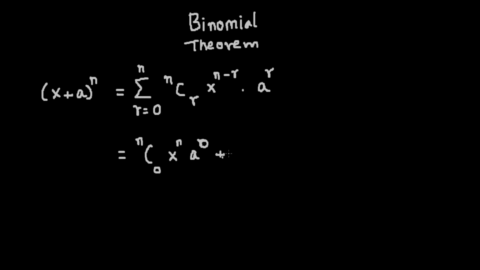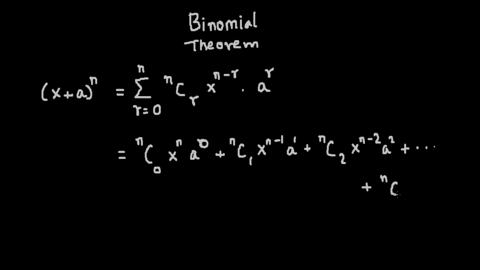0, plus nC1 x raised to the power n minus 1 a raised to the power 1, plus nC2 x raised to the power n minus 2 a squared, plus it goes up to the last one, which is nCn x raised to the power n minus n times a raised to the power n.